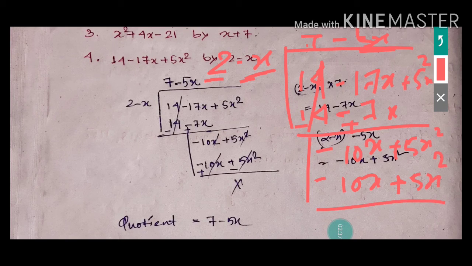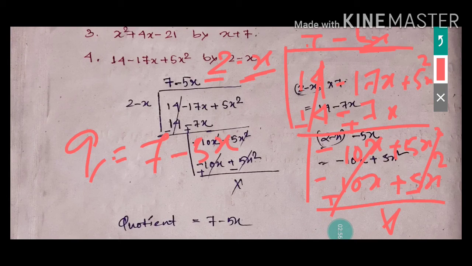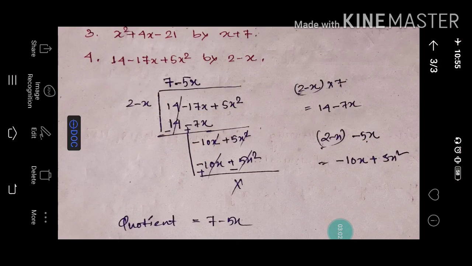Here already minus is there, so it will be plus, here plus is there, so it will be minus. So see, minus 10x plus 10x get cancelled, plus 5x square minus 5x square will get cancelled, so it is divisible. So your quotient will be 7 minus 5x, the dividend will be this one and the divisor will be this one. See how easy it is.